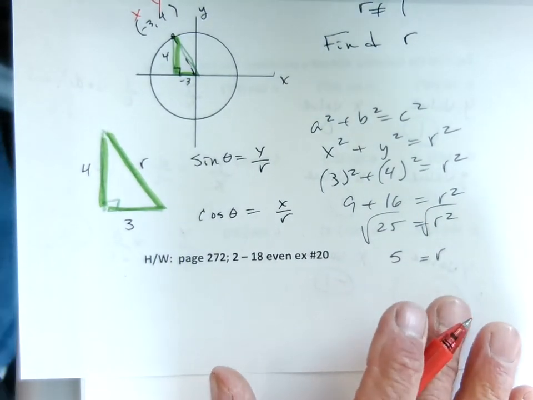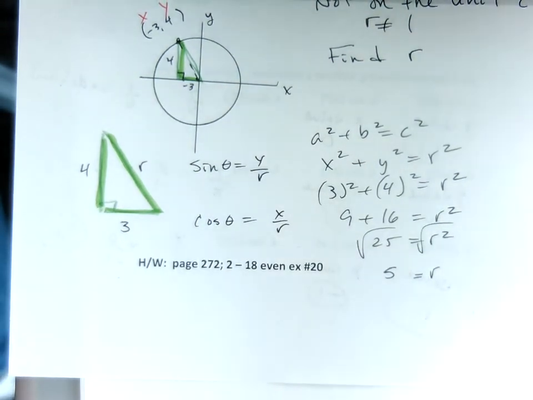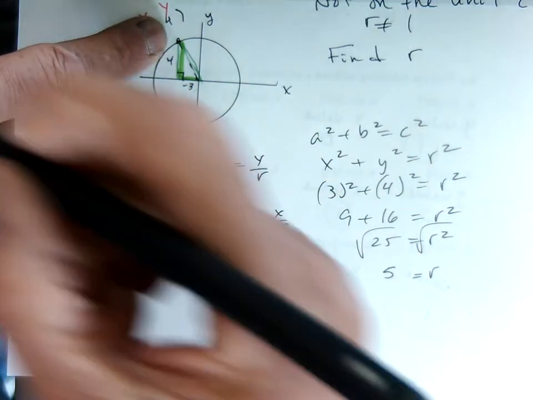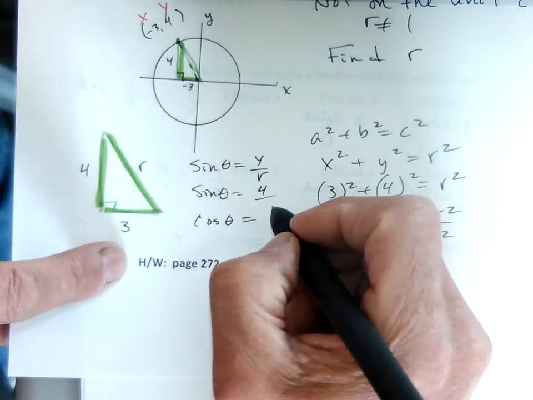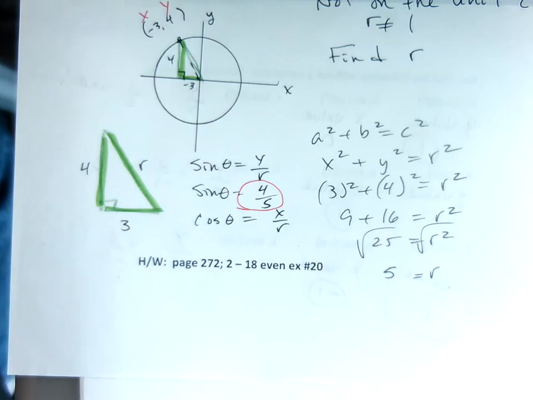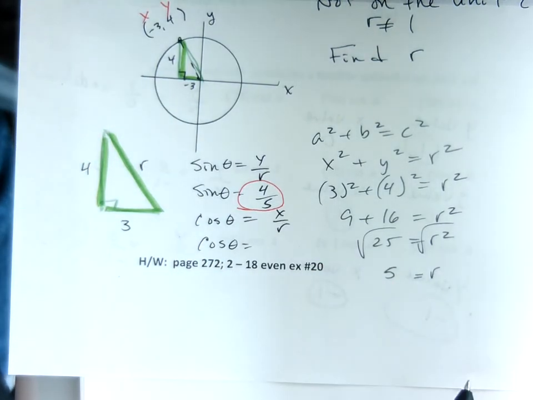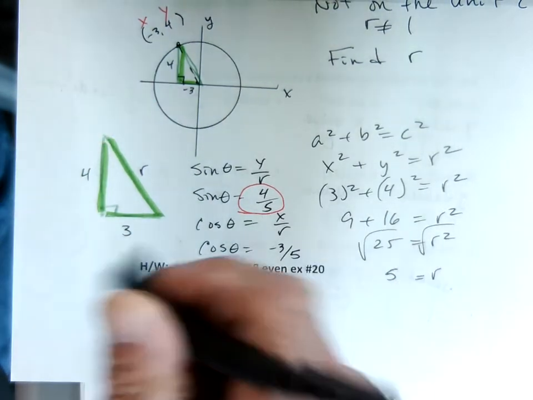Isn't this cool? The unit circle, all the trig, I love the unit circle because it explains trig. It tells us why trig works. So the y value is 4. My answer is sine of theta is 4 over the radius, which is 5, right? And the cosine of the angle is the x value, which is negative 3, over the radius, which is 5.